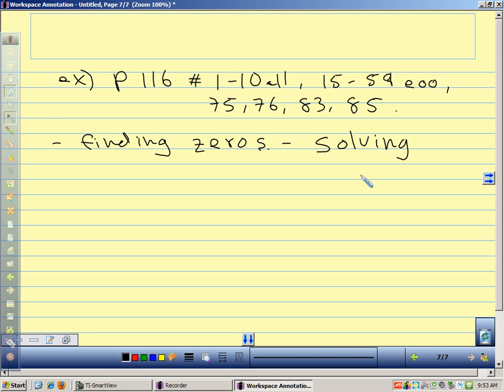Finding zeros and solving mean the same thing. Finding zeros is where y or f of x equals 0. So we're setting our equation equal to 0 and finding the x values where our function is 0. Solving means y equals 0, means our function equals 0. Just wanted to remind you of that.